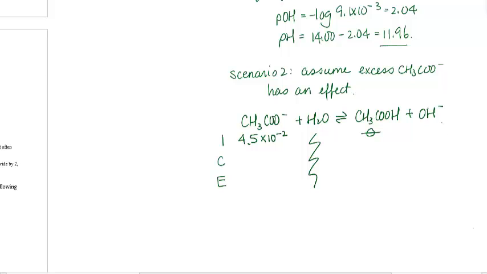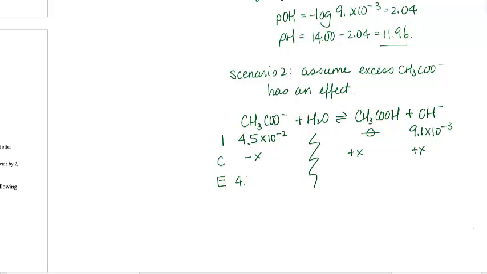Now, in terms of the OH, remember that we have excess NaOH, and so the concentration of the OH is from the NaOH, so 9.1 times 10 to the minus 3. According to Le Chatelier's principle, the equilibrium will shift to the right. So you're going to have minus x, plus x, plus x.